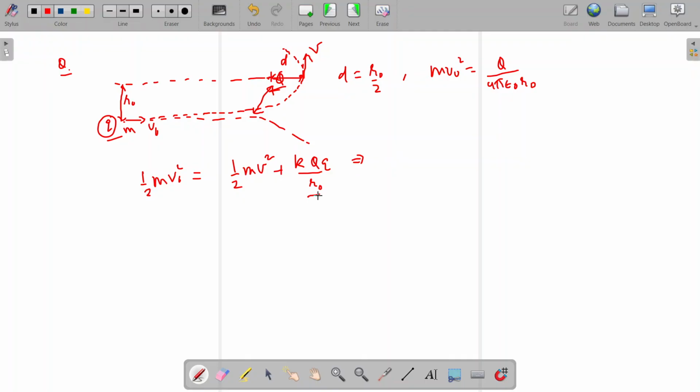So we can simply put the value of m v naught square here.